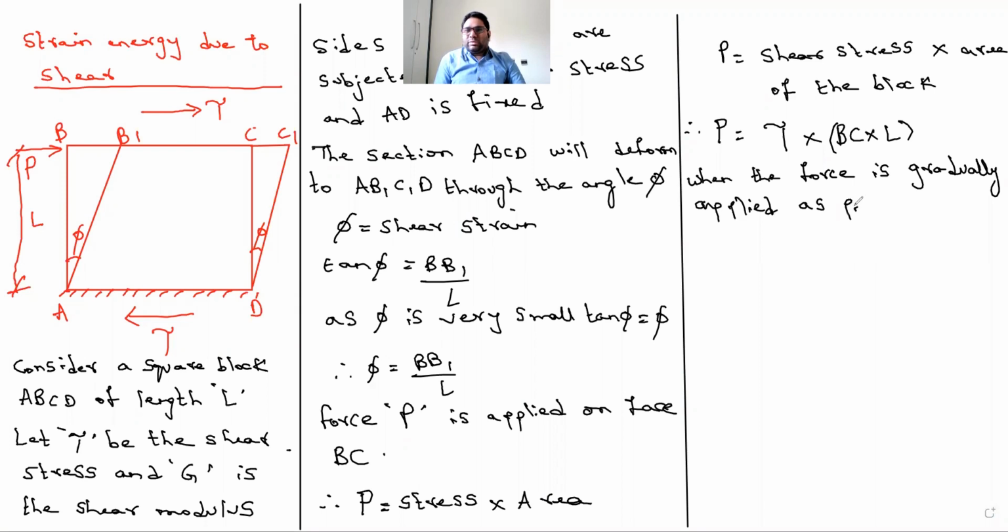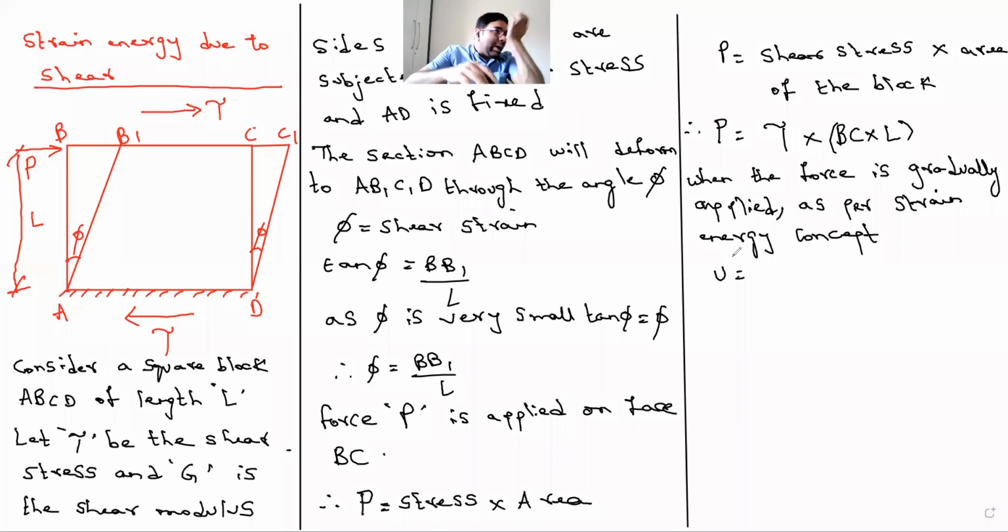As per the strain energy concept, for a gradually applied load, not suddenly applied, the strain energy U is equal to P by 2 into BB1.